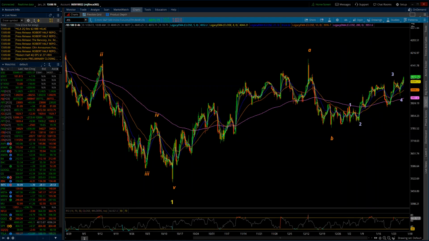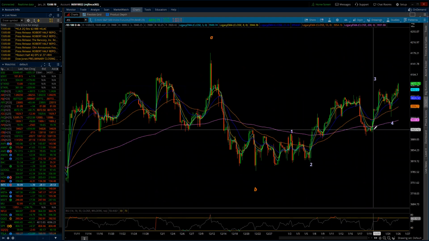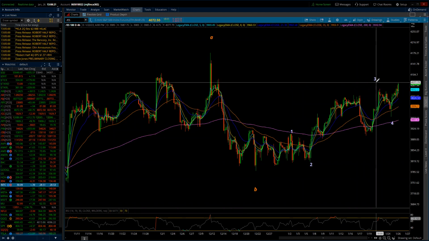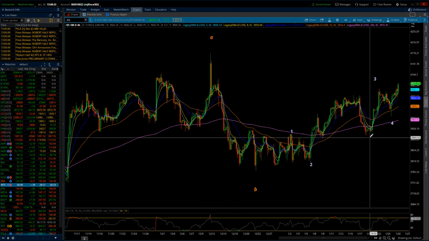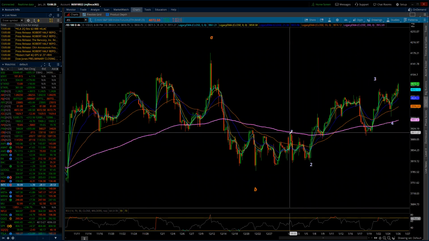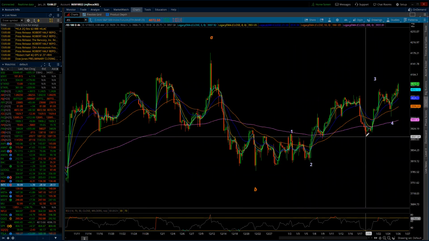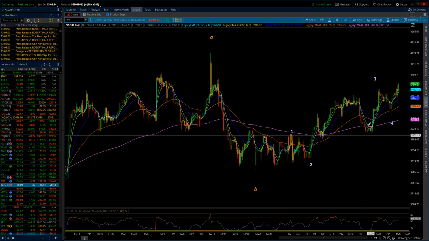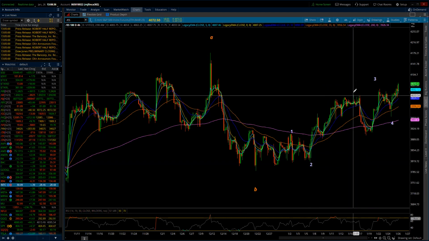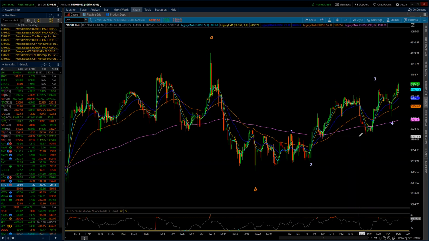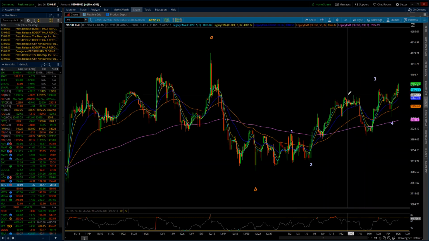This is the example I wanted to show you. The internal count here, right? What did I say before? Wave 4 should not overlap wave 1. And it does. But the one thing that Elliott did include, and you have to read pretty deep into it, is that when the analyst runs into a problem and exhausts all other avenues of analysis, then it likely is going to be what I wouldn't expect.